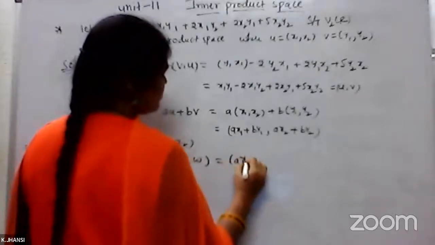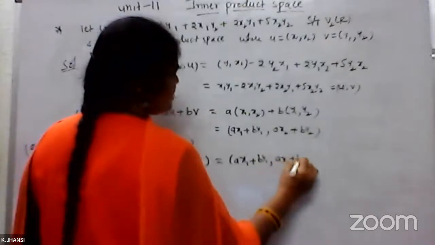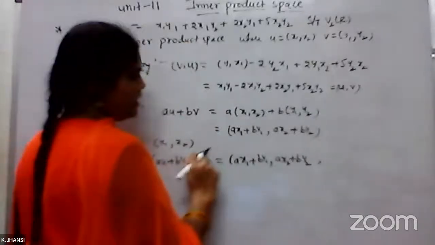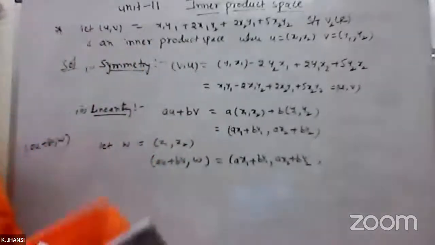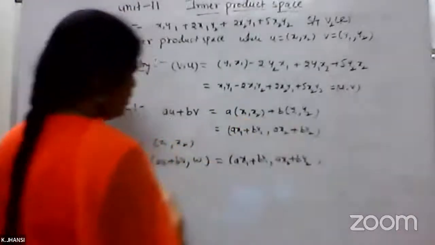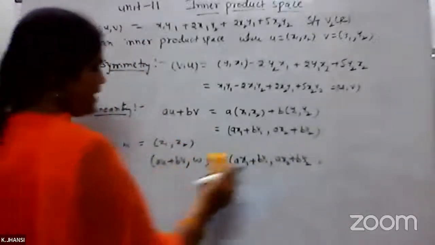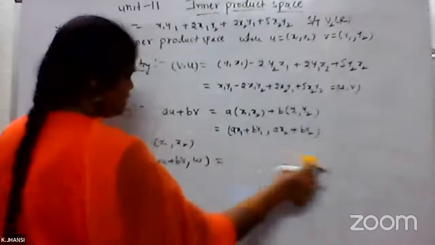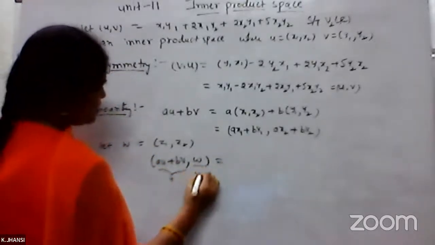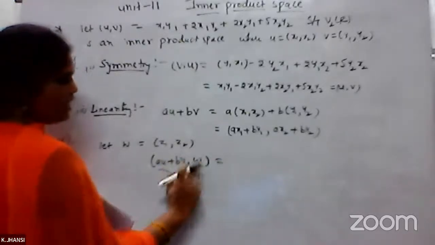This is a x1 plus b y1, a x2 plus b y2 comma, what is w here? W is z1 comma z2. Okay, so this is in the form of u comma v. This whole thing you take as u and this is v. Whatever au plus bv is there, it is u and w is v.